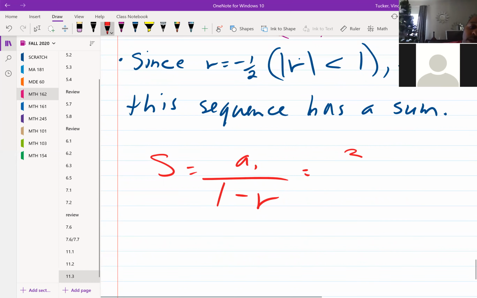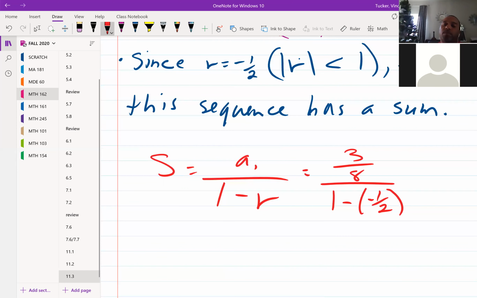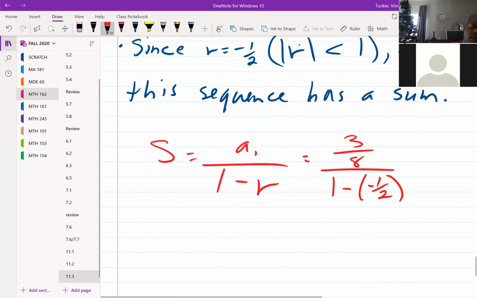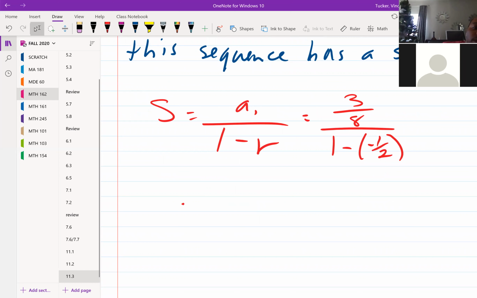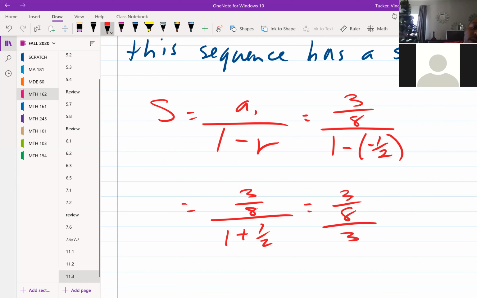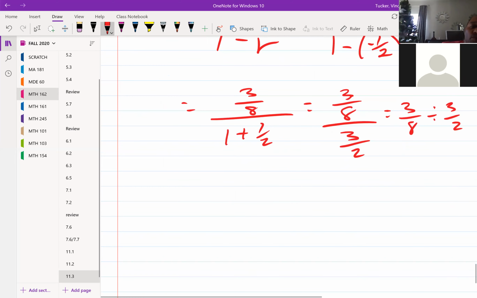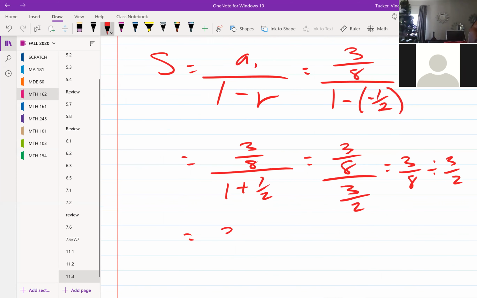1 minus negative 1/2. And just do your fraction work. Of course, that's 1 plus 1/2, which is 3/2. 3/8 divided by 3/2, and I am looking at 1/4.